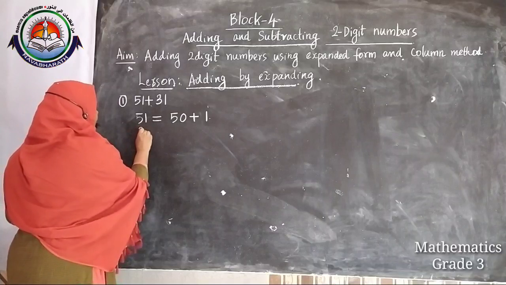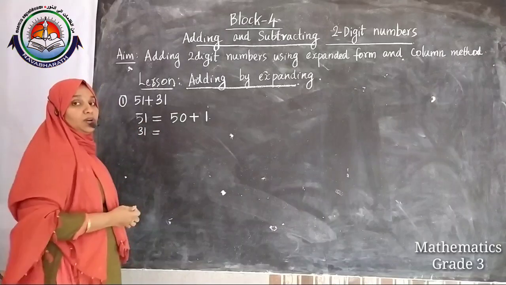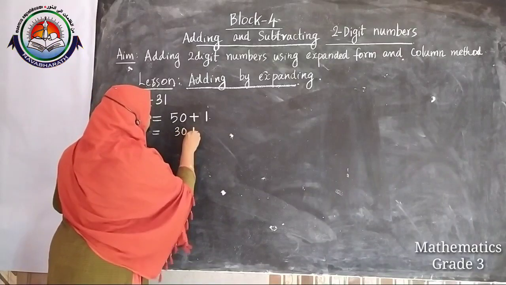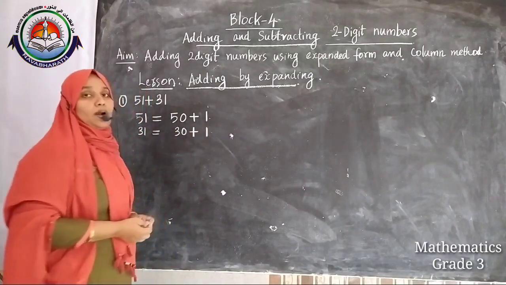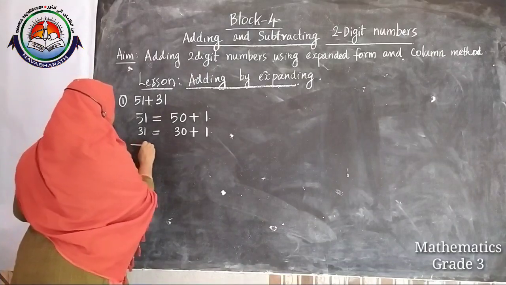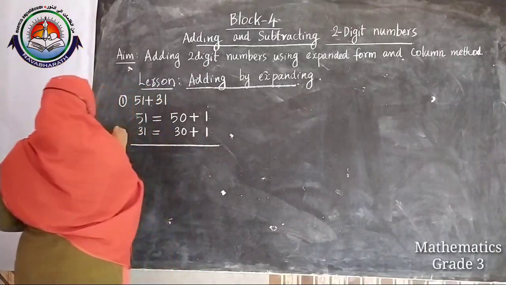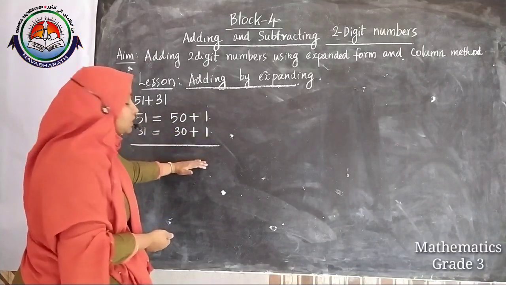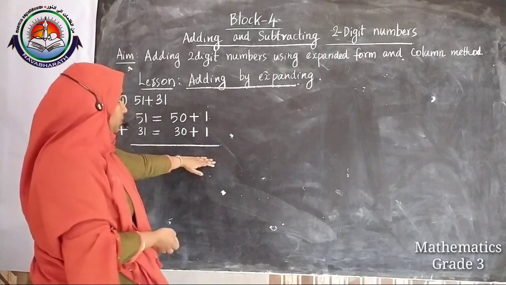And 31, how can we write? You write in your notebook: 31 is 30 plus 1. Then what is the next step? We have to add these 2 numbers. First we add the ones.